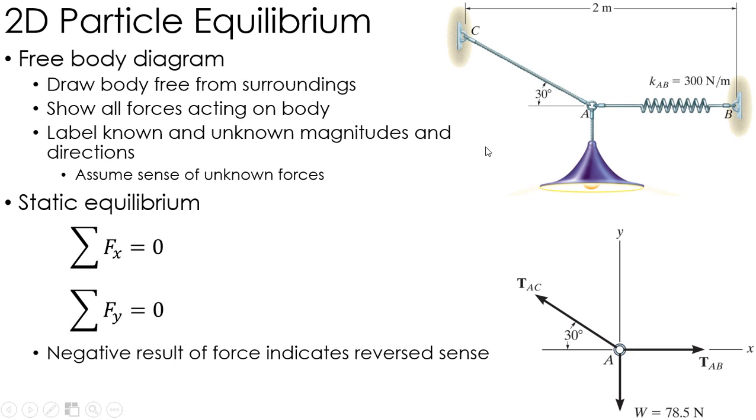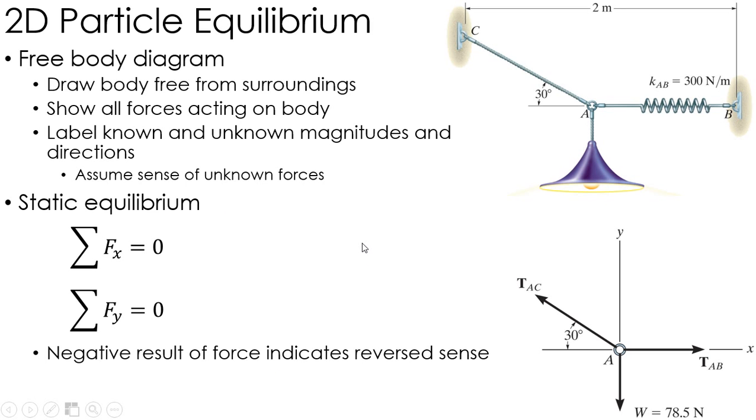Once I have my free body diagram, I basically apply my static equilibrium equation, which states that the sum of the forces equals 0, because Newton's second law says the sum of the forces equals mass times acceleration. Well, the acceleration is 0. Sum of the forces equals 0. That's my equilibrium equation. So we just sum up all the forces in all the directions, set them equal to 0. Now, remember, we may have made some assumptions about unknown forces, about which direction their arrow is going.